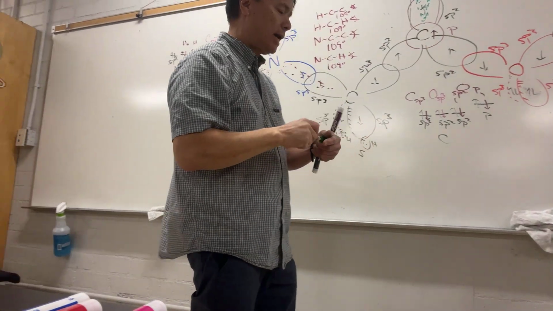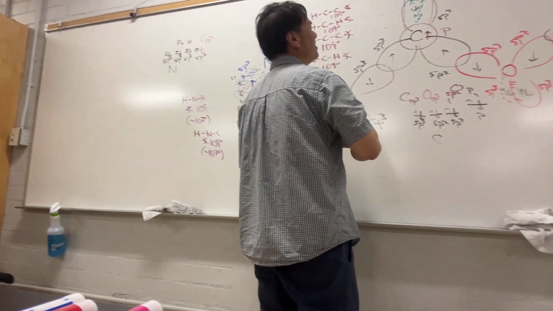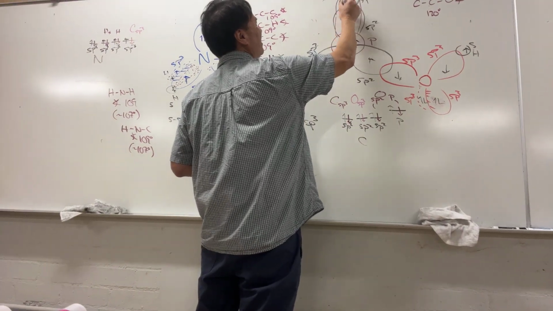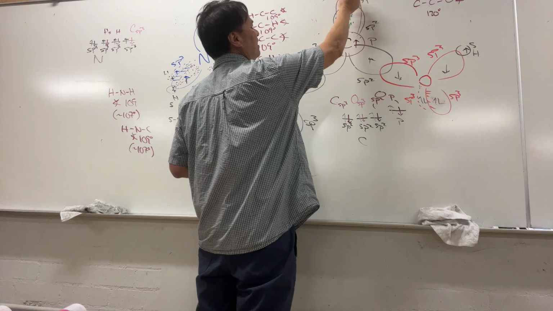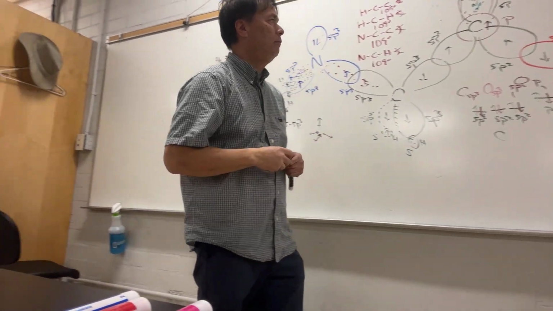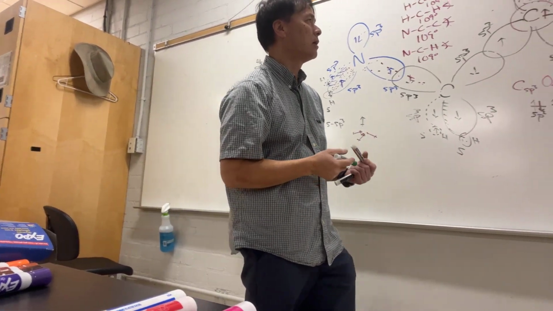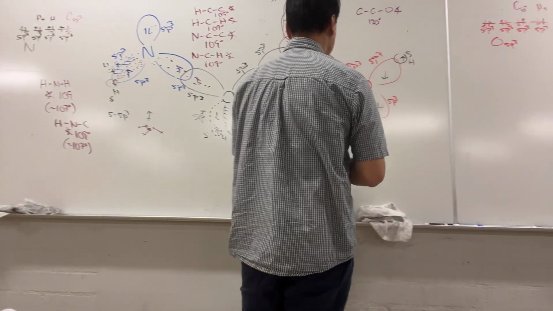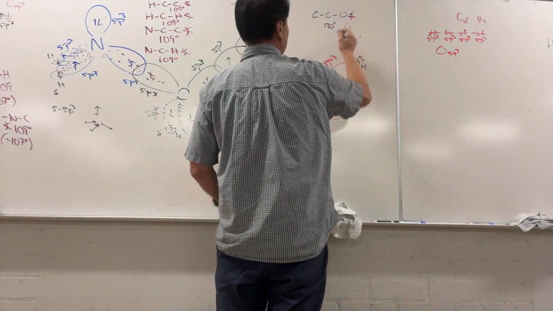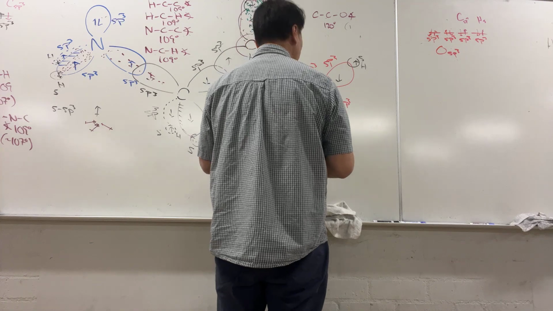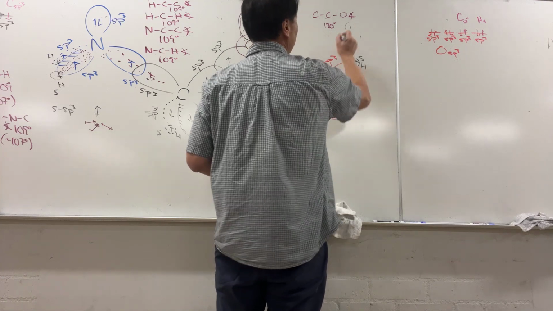And then we have the pi electron density, which is above the plane and below the plane. And so we expect about a 2-degree distortion, and so we're going to guess maybe 122 degrees, distorted.